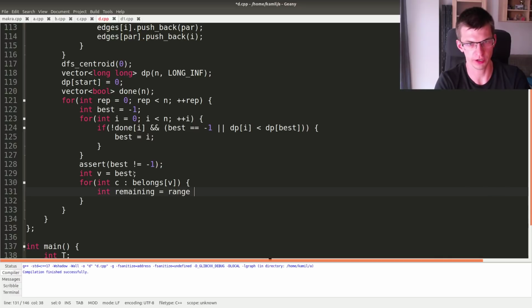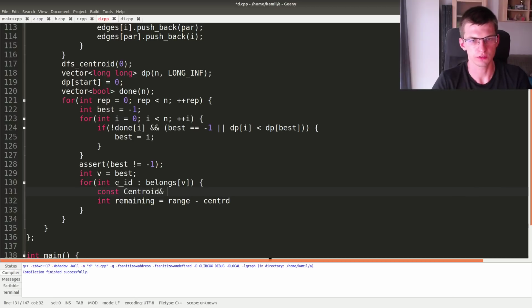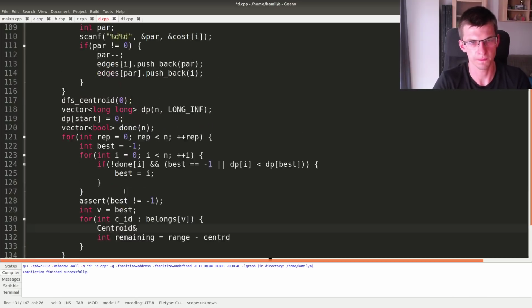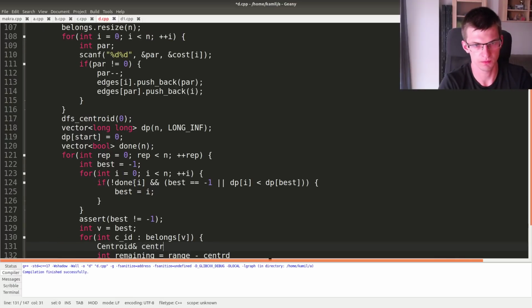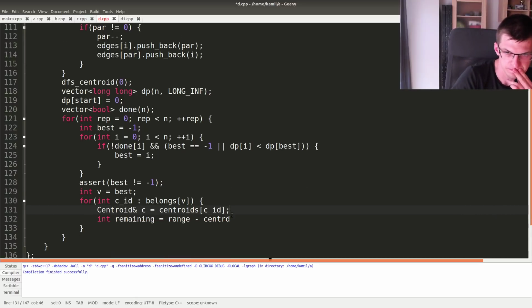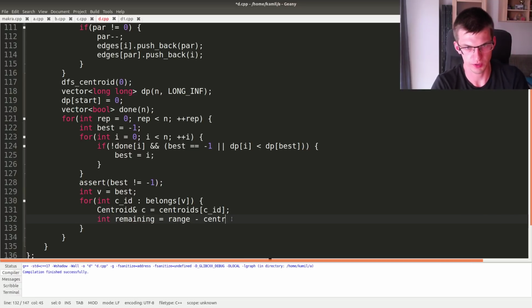Remaining range is range minus, this will be centroid ID, centroid in centroids, range minus distance of myself.